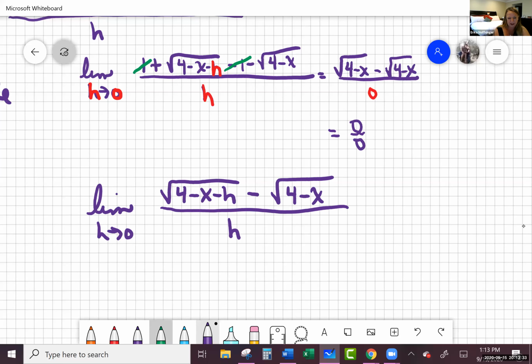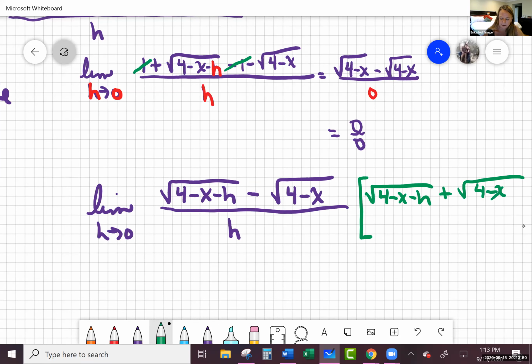So let's multiply it by that fancy 1. And the conjugate would be the square root of 4 minus x minus h plus the square root of 4 minus x, all over the same thing, the square root of 4 minus x minus h plus the square root of 4 minus x.